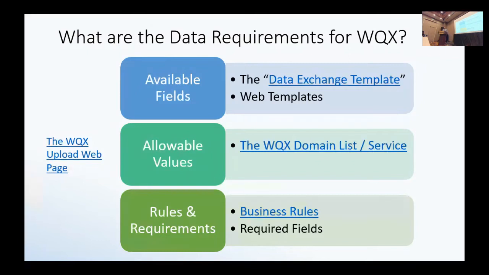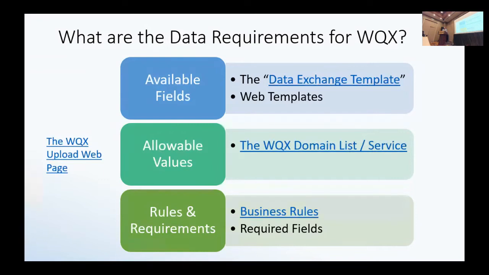So I would say if you're new to WQX, these resources can actually be kind of hard to find. They're not necessarily described in a very cogent manner that points out just how important they are. For instance, that data exchange template up at the top, you'll find in a section on our website that says it's just for custom resources, but it literally describes the fields that are available.